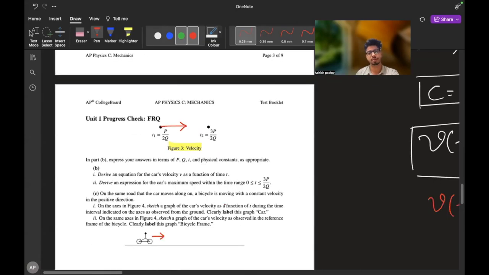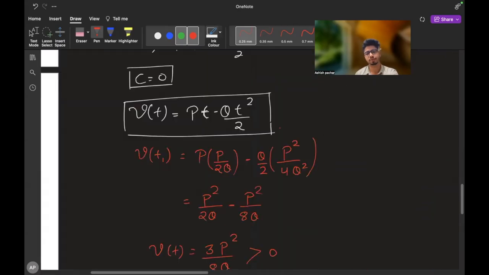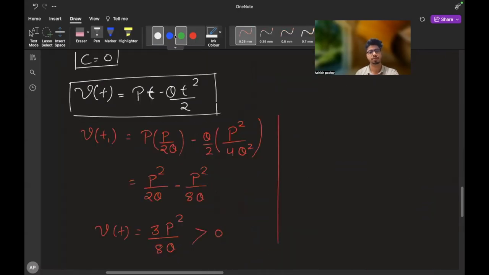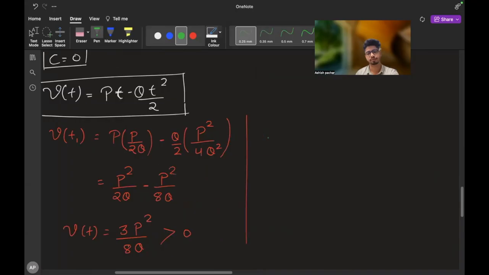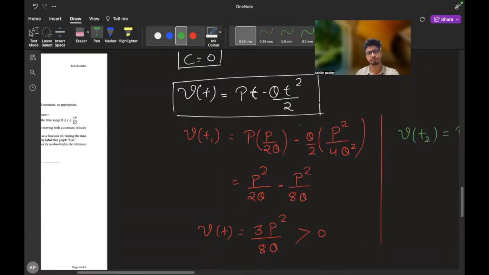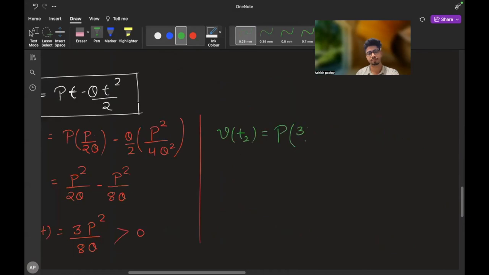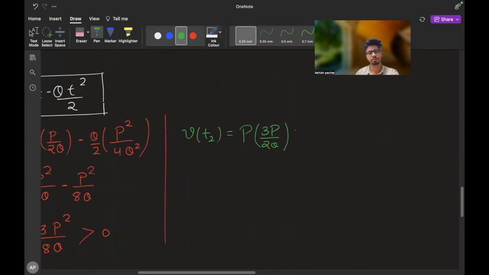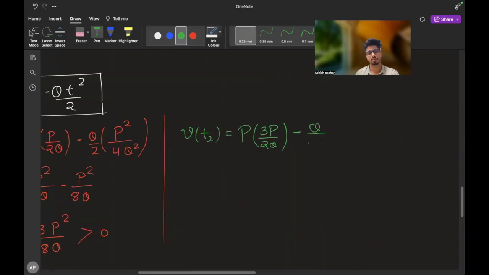And let's plug in t2 also. 3p by q, 9p square plus 4q square.